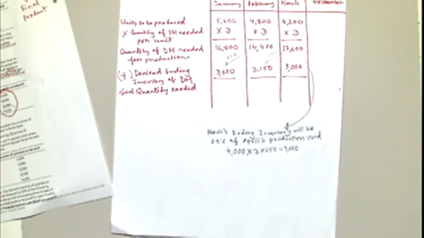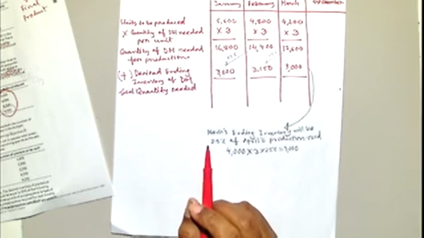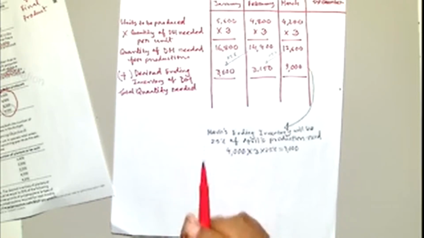Do you have your calculator? January total. Who can help me? Can you see from there? I know it's hard to see. Who has the numbers?